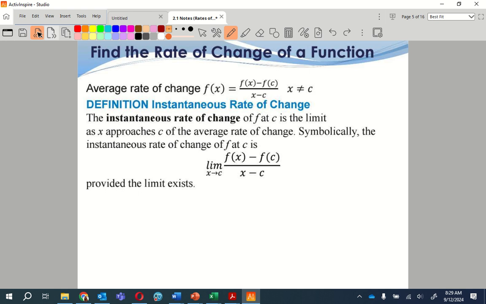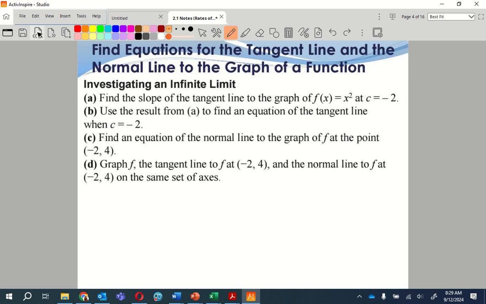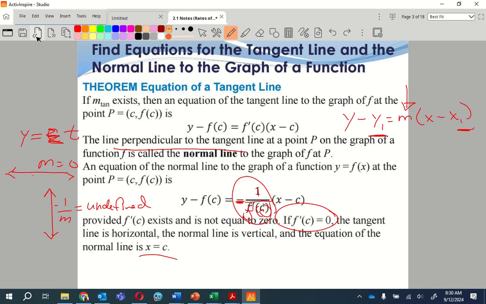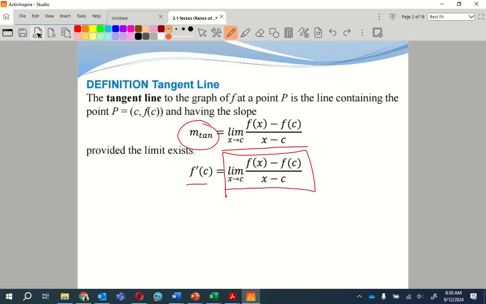So x squared, and so I'm taking the limit as x approaches -2, and I'm going to have my equation back here. I'm going to use this. X approaches -2, my c is -2, f of x minus f of c over x minus c.